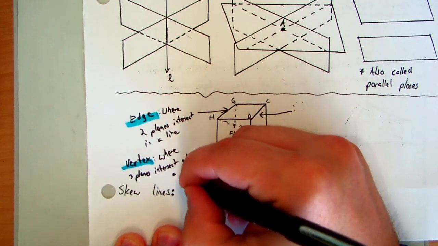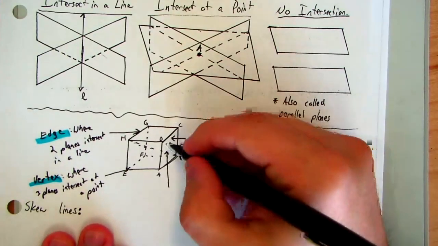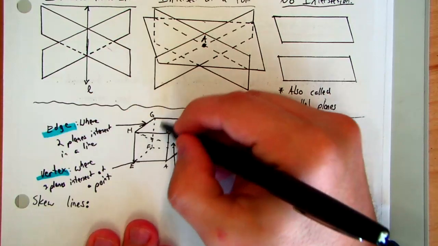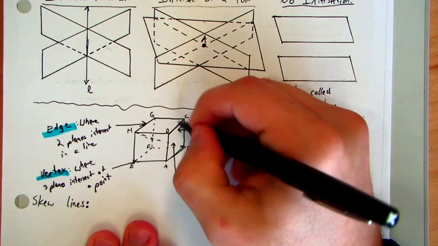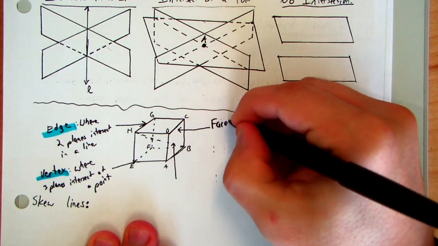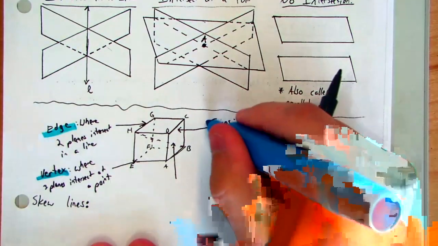Now, each one of these planes, there's one across the top, there's one on the bottom, and there are 4 going around. Each one of those are called faces. Again, we're going to highlight that because that's an important word. And these are flat surfaces of figures.